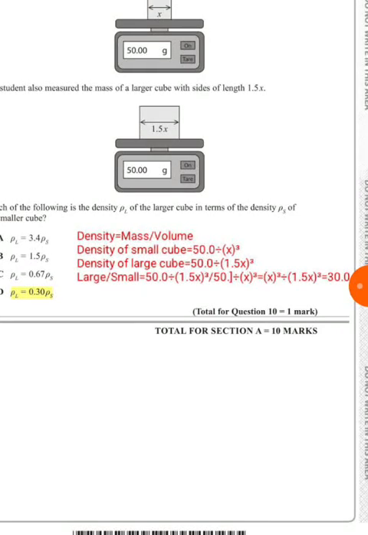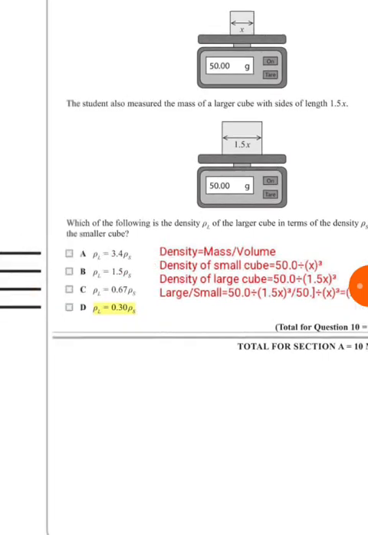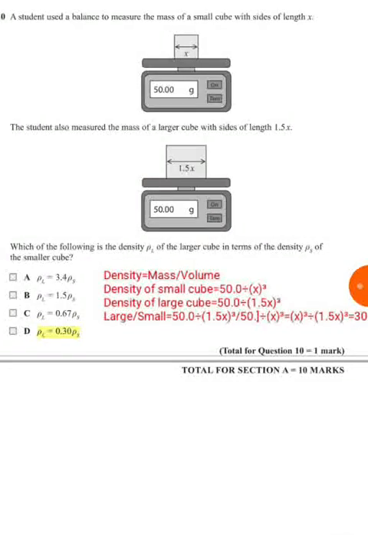For the small cube, both masses are the same, 50.0 grams. Then volume is x cubed, because the length of the side is x. So it's x cubed. Then the density of the large cube is 50.0 divided by 1.5x cubed.